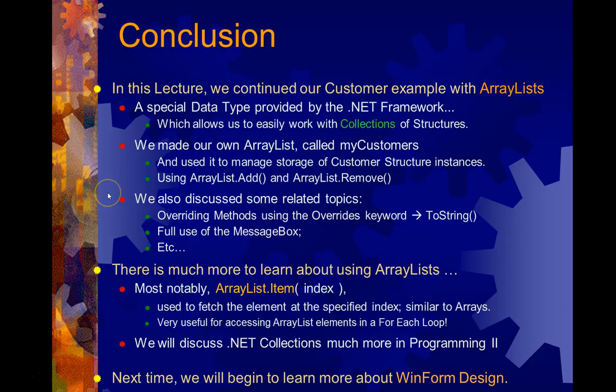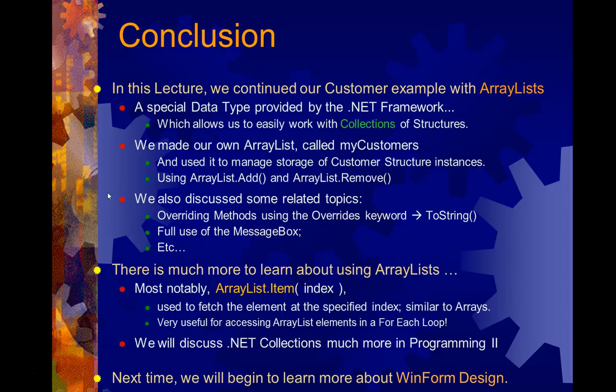In this lecture, we continue our customer example with array lists, a special data type provided by the .NET Framework. Array lists, right? It's kind of like an array, which allows us to easily work with collections of structures. So collections means we have many customers.